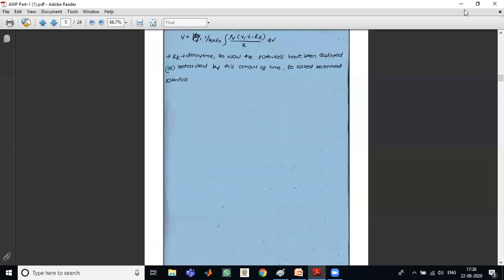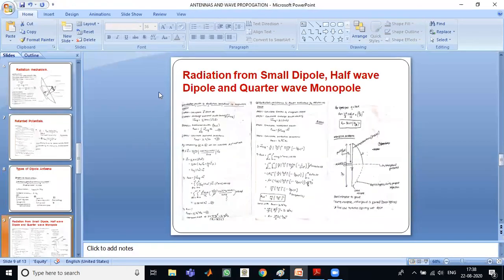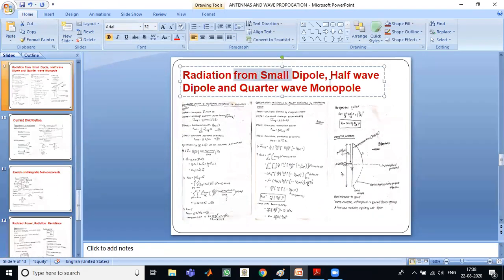Next, this is one of the important concepts: radiation from small dipole, half wave dipole, and quarter wave monopole. Let's understand these terms: small dipole, half wave dipole, and quarter wave monopole.